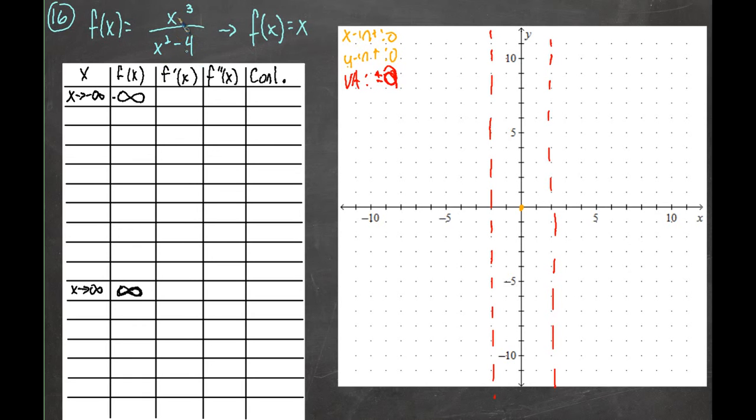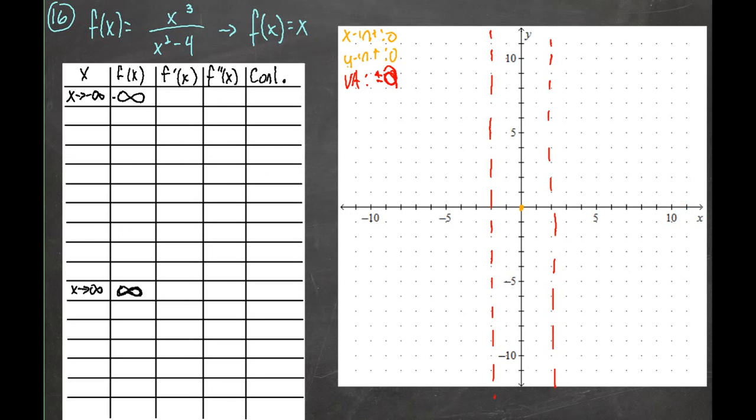If this -4 wasn't there, 1,000,000 cubed over 1,000,000 squared would be just 1,000,000, right? It's going to be slightly more than 1,000,000, because we are taking 4 away from 1,000,000 squared. But as x gets more and more huge, -4 is going to be more and more insignificant, okay? So we're going to get a function that's acting more and more like this. What does this function look like? It looks like a line with a slope of 1 and a y-intercept of 0.